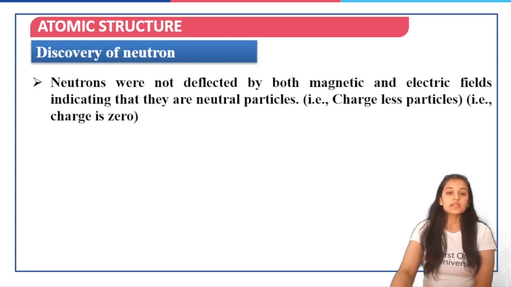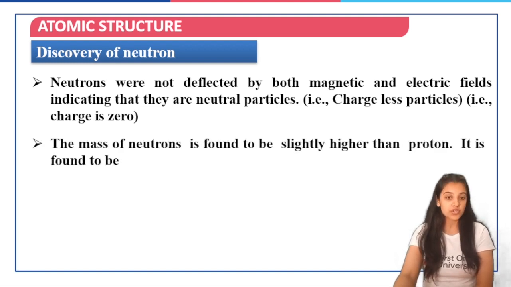Okay. Now, neutrons were not deflected either by magnetic field or by electric field, indicating that they were not charged. The mass of the neutron is found to be slightly higher than that of the proton.